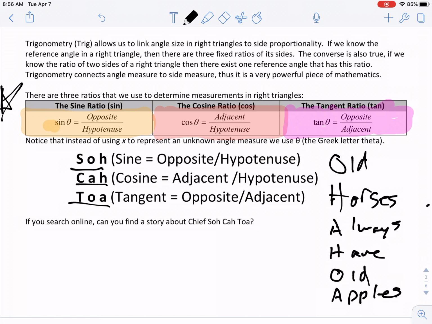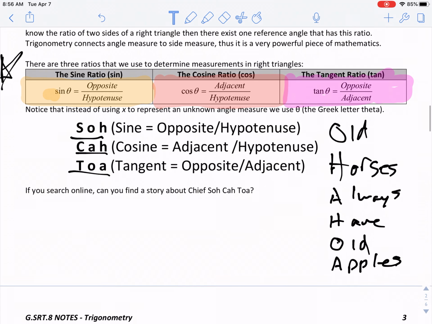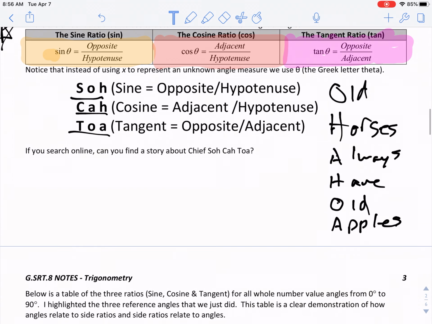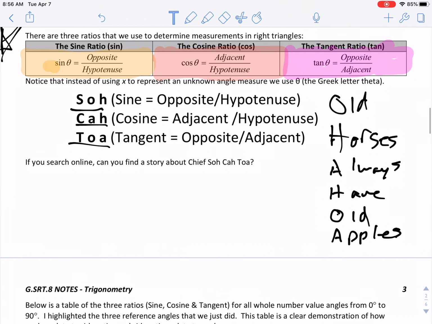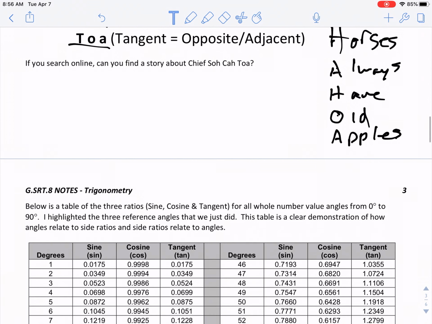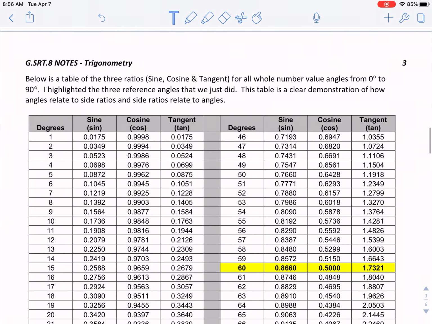That was just the first way I was introduced to it, so it's what stuck in my head. For a lot of people, what sticks is SOHCAHTOA. Sine opposite hypotenuse, cosine adjacent hypotenuse, tangent opposite and adjacent. As I said, if you want to search online for a story about SOHCAHTOA, please go ahead and do so.